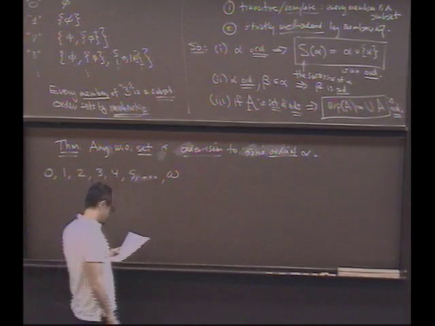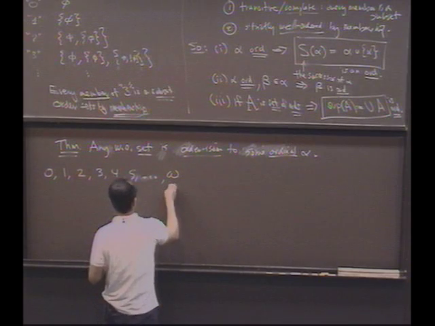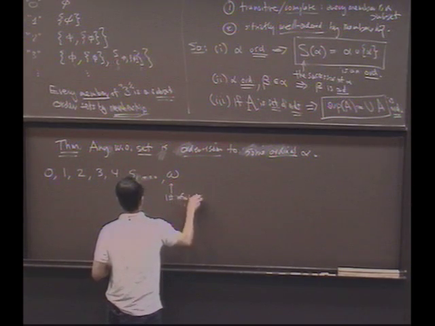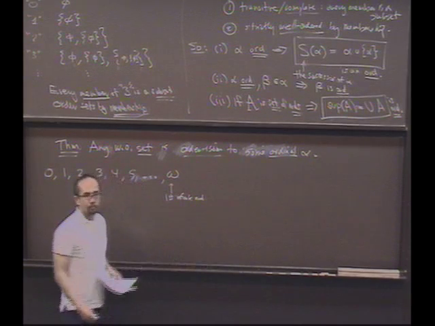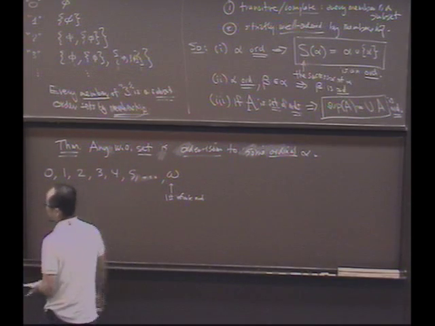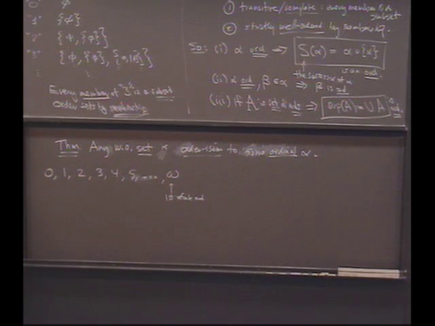Okay? So it's the first infinite ordinal. It's countable. Okay? It's not finite, and clearly every element in it can be put in bijection with the natural numbers.